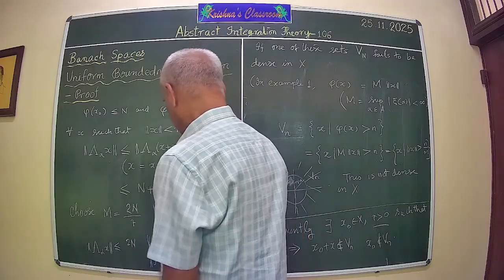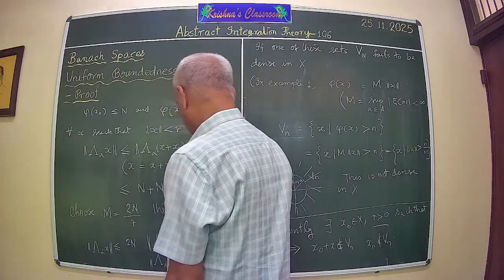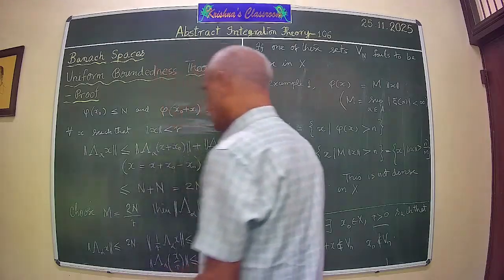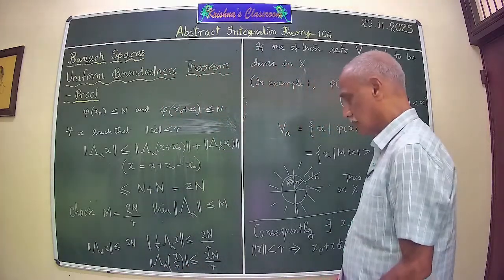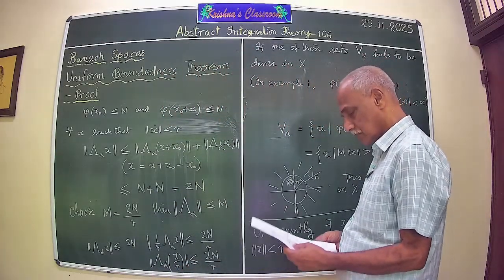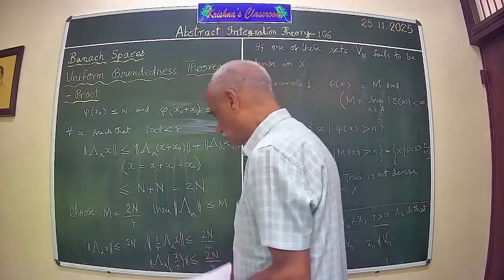Okay. Therefore, that is going to be bounded by 2n by r. Okay. So that's how it comes, right?